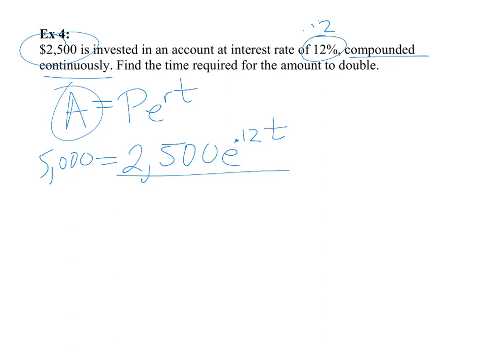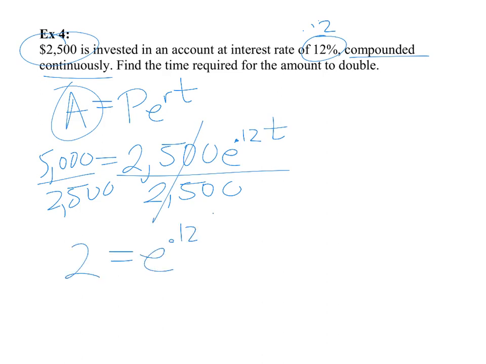All right, interesting. So I'm going to first divide by 2,500. And I get 2 is equal to e to the 0.12t. Then I'm going to convert to logarithmic form. So I have log base e of 2 is equal to 0.12. Actually, no, I messed up here. I goofed.